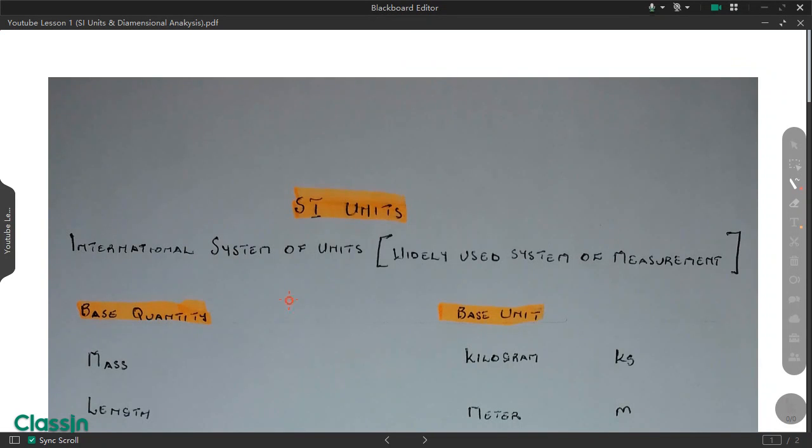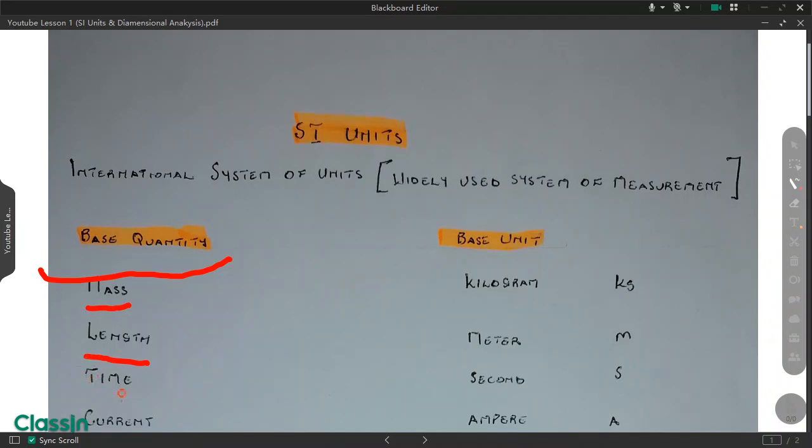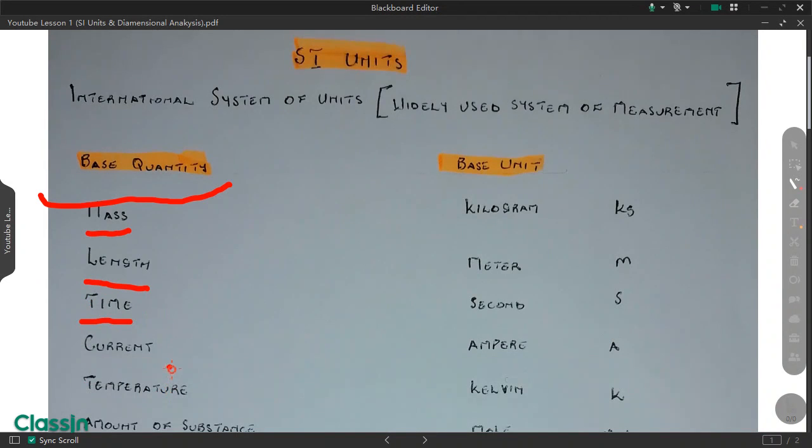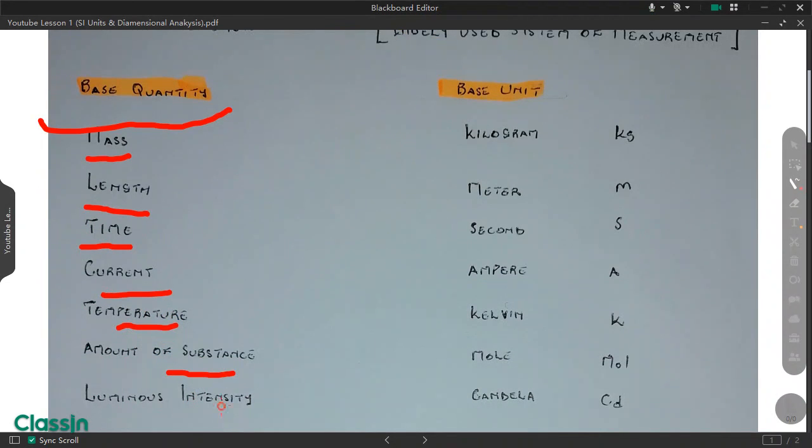So the SI units are made up of base quantities. Base quantities are fundamental quantities of measurement, such as mass, length, time, current, temperature, amount of substance, and luminous intensity. So don't be afraid if that looks bizarre or tough.